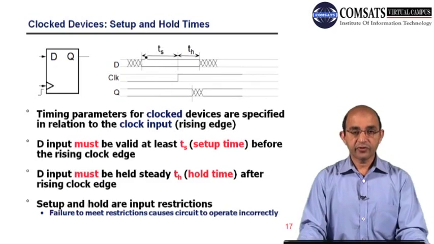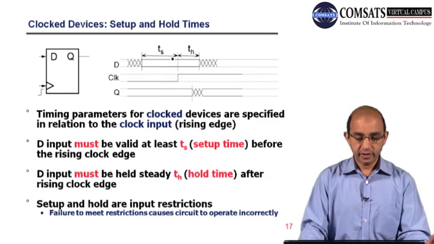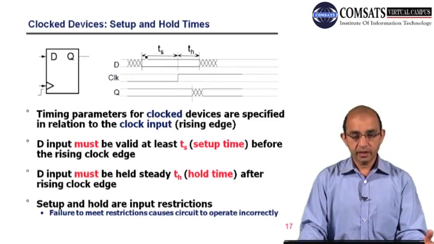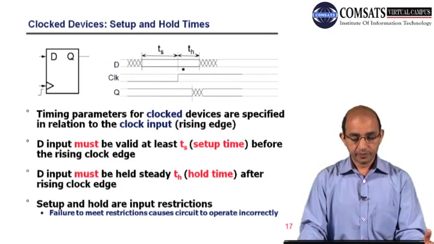In simple words, the input should be present at D in advance, TS time before the active clock edge arrives. So you first apply the input, and after TS time the active clock edge arrives, and then your circuit will function properly.